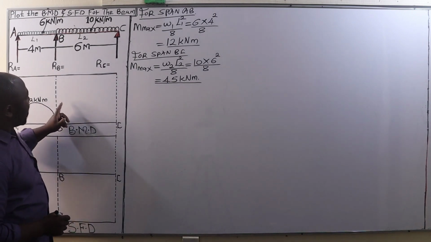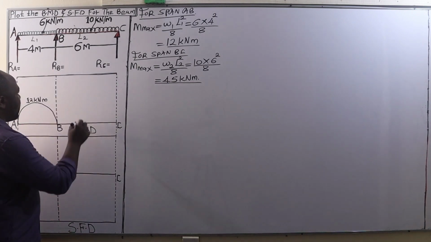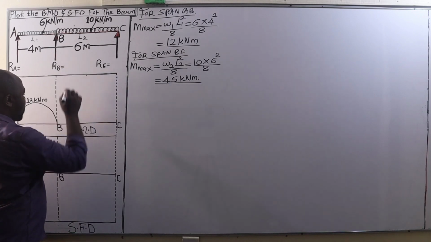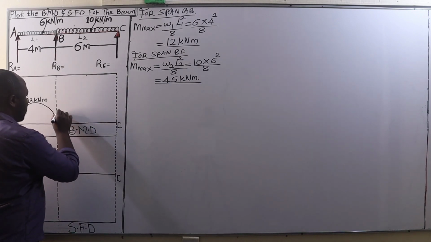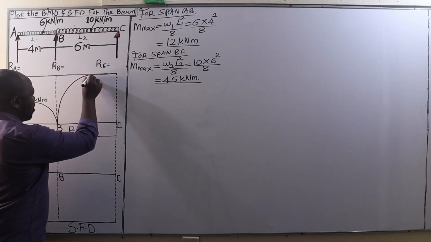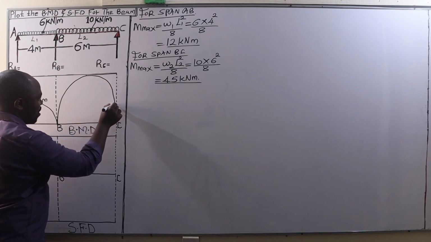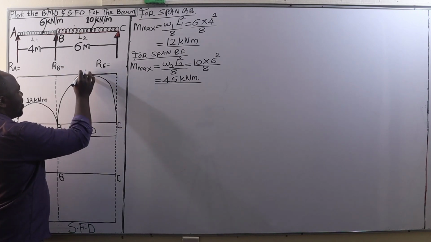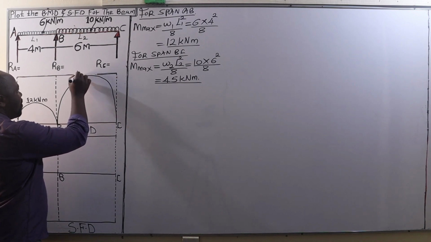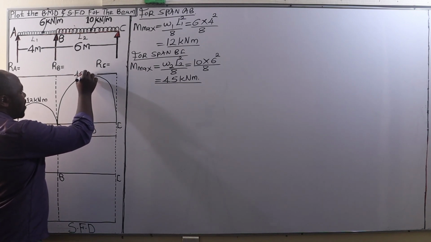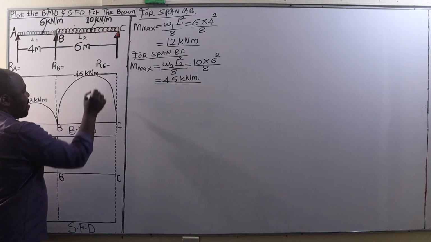Then between span BC we have 45. It can go up to that point, so 45 will go all the way. It's just an approximation. Therefore, here we have a bending moment of 45 kilonewton meter. Good.